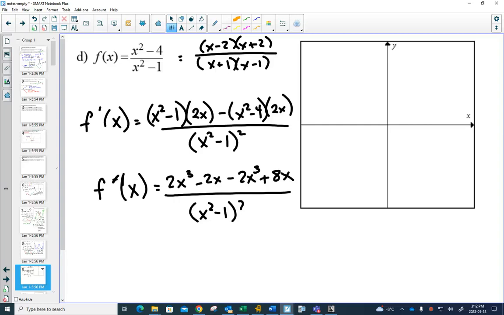Good? And if I simplify that on the top, that will just make 2x cubed go away. I'm going to get 6x over (x squared minus 1) squared.